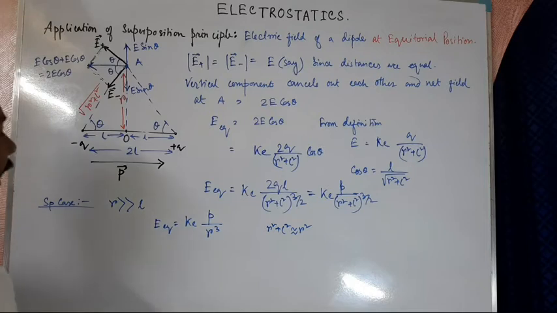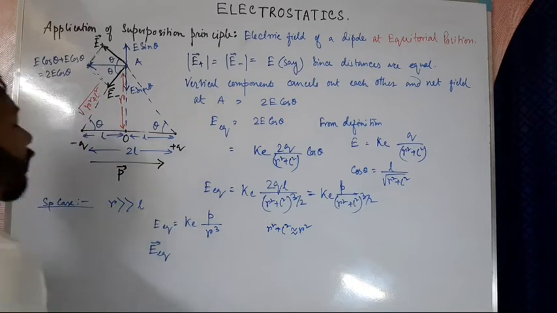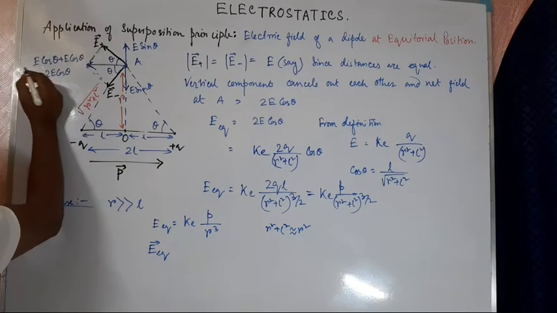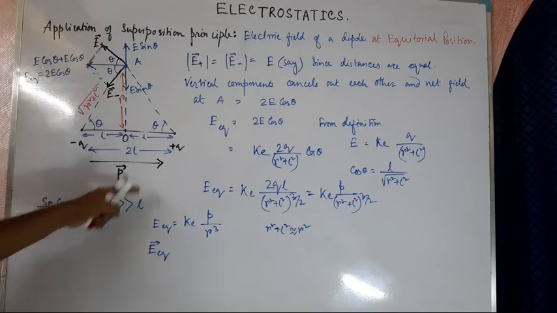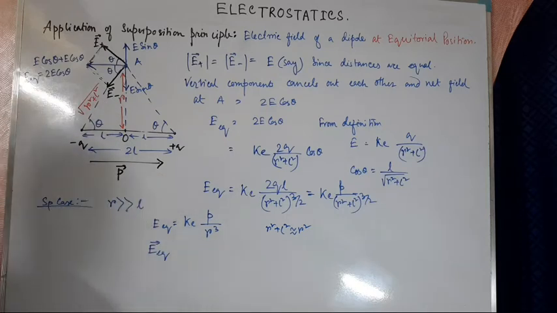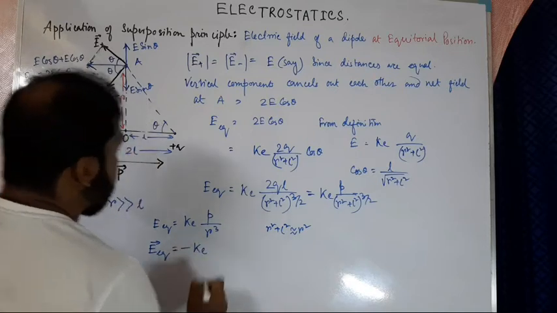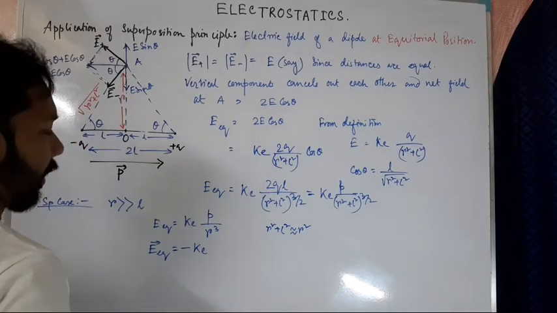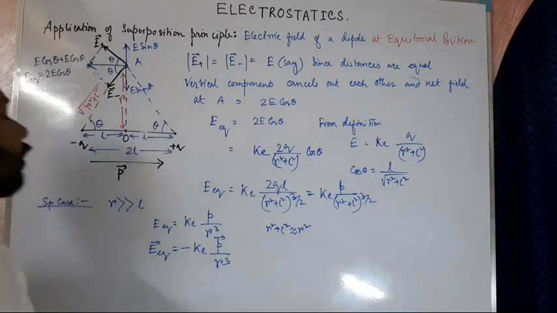Now, if we put the vector sign, what do we have to do? Since E equatorial is exactly oppositely directed to the dipole moment vector, we have to place a negative sign, since the dipole moment and the net electric field at the equatorial position are exactly opposite to each other.